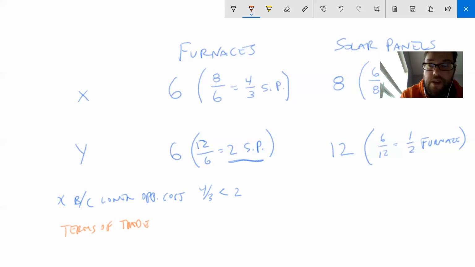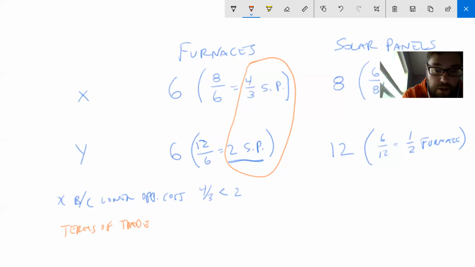So we're asking about the price of furnaces. So what we want to do in terms of trade is it's always a range, right? So we're going to look at these opportunity costs here. And countries are going to enter this if it's mutually beneficial, right? So the price is negotiable, but the price could come anywhere in between this range, and they would both be better off with trade.